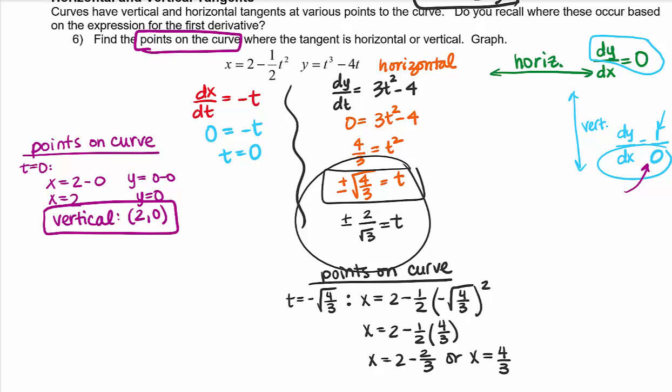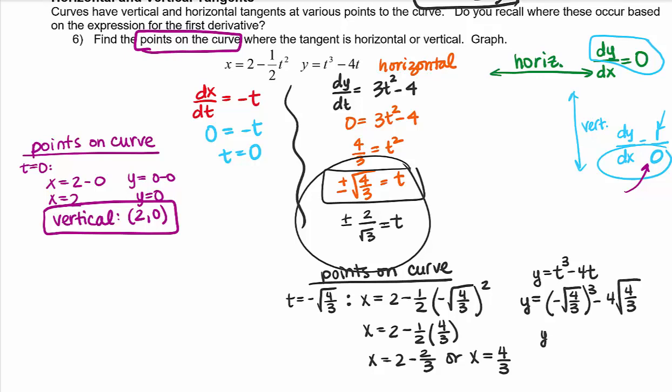Okay, now I'll do the same thing for the y. So it's t cubed minus 4t. So my t is negative square root of 4/3 cubed minus 4 times the square root of 4/3.